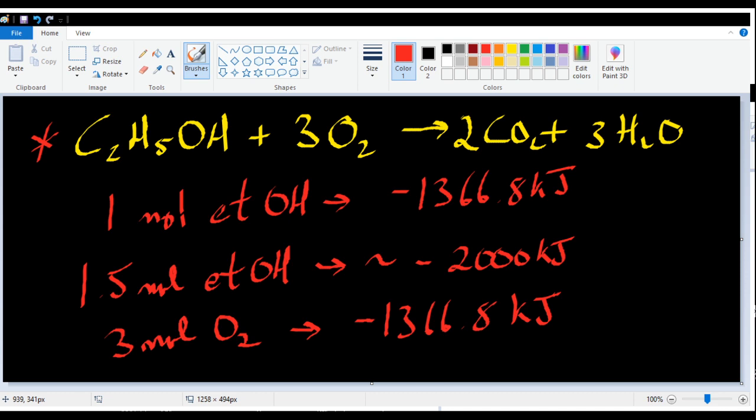It's not really, strictly speaking, negative 1366.8 kilojoules per mole. Instead, it's negative 1366.8 kilojoules per unit reaction.